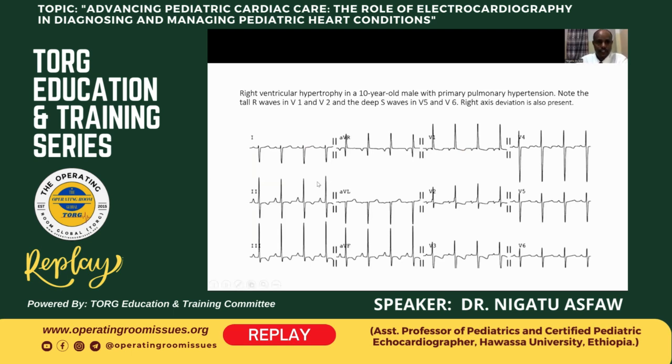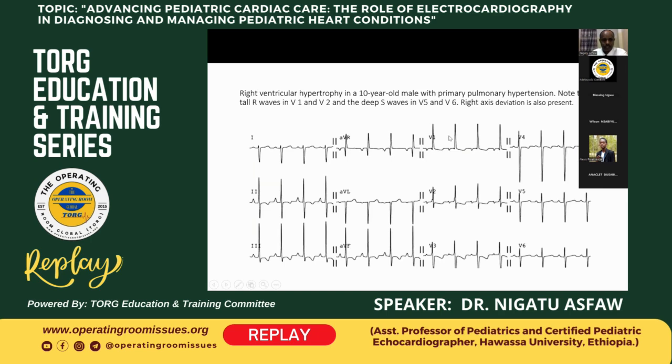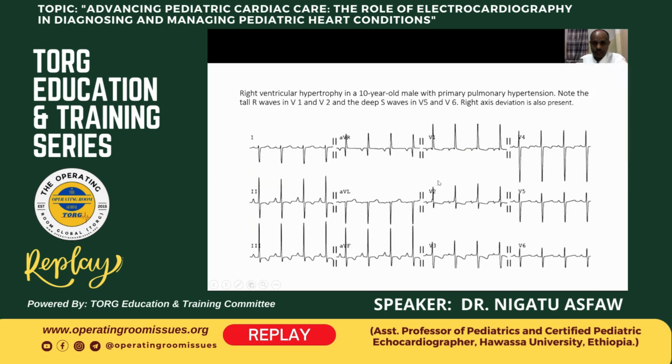And this is the ECG of a 10 year old with primary pulmonary hypertension. And we can see there are tall R waves in the right precordial leads, V1 and V2. And the S wave is deep in V5 and V6, which again supports right ventricular hypertrophy.